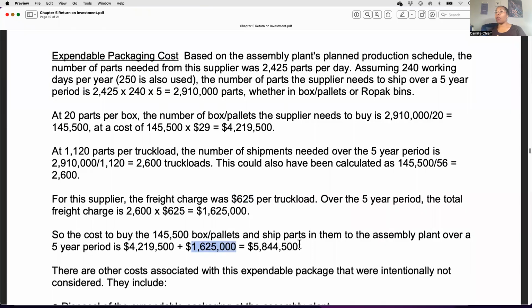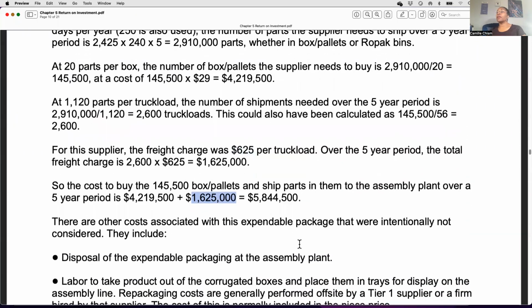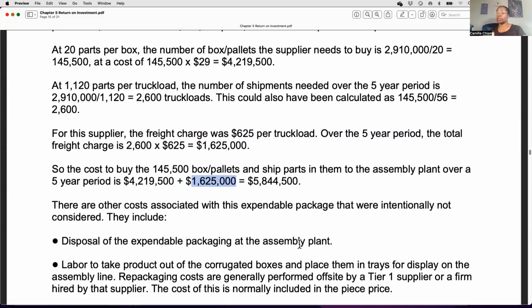And that is the total cost to ship over a 5-year period. You're going to spend $5.8 million to ship the boxes and the pallets, to ship all the parts that you need for 5 years. Okay, and that's again the expendable pack. So now you know for 5 years you're going to spend $5.8 million on expendable packaging.